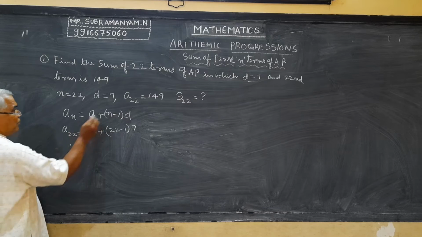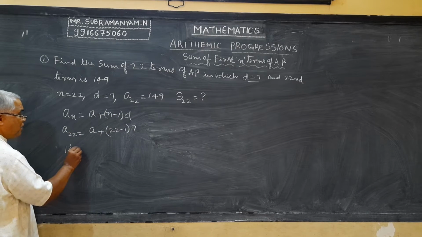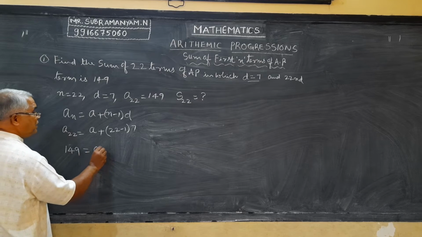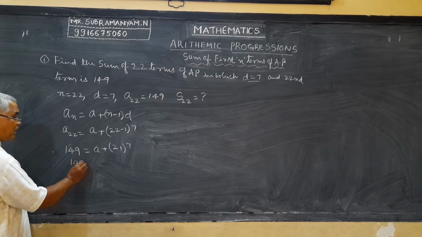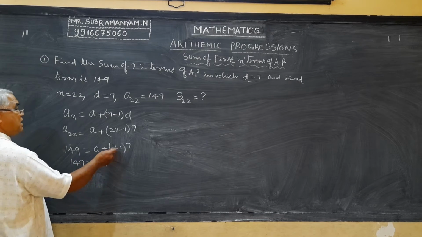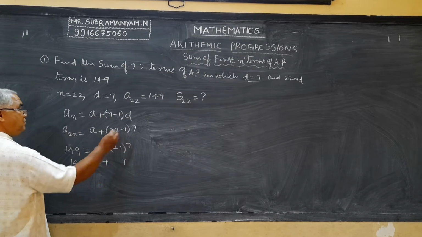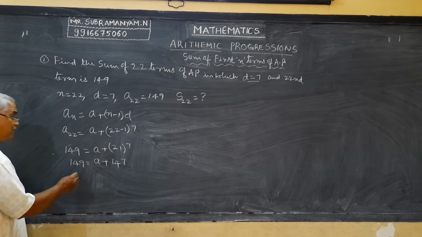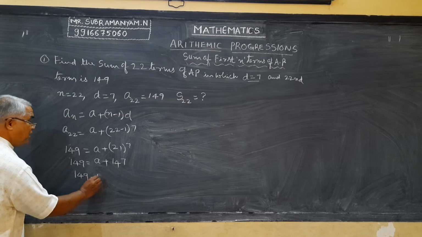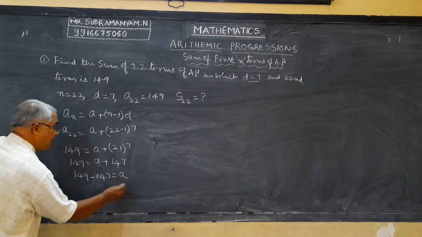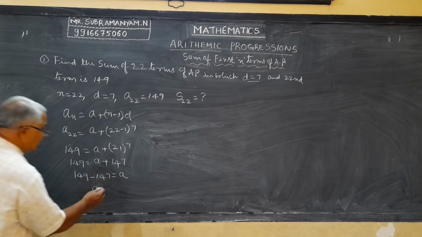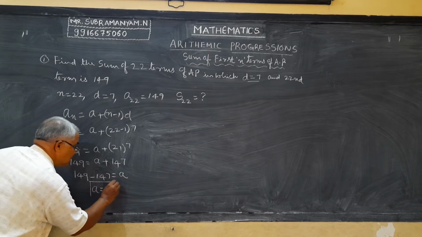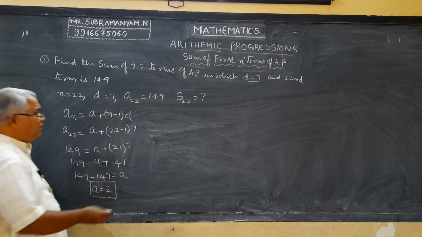So a22 value we know it is 149 equal to a plus 21 into 7. 149 equal to a plus, 7 ones are 7, 7 twos are 14, 147. Transfer 147: 149 minus 147 is a value. That means a value equal to 2. So the missing data, a value, we got it.